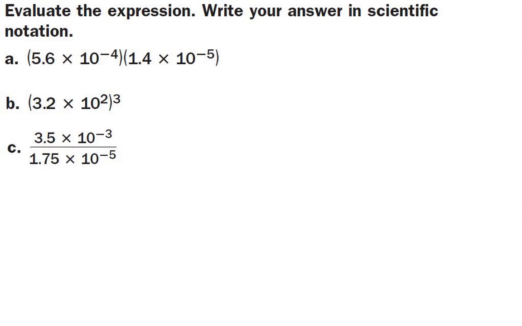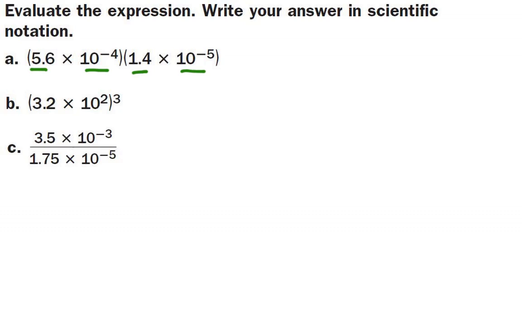Okay, here are some where I'm actually comparing two numbers that are in scientific notation. I can use the commutative property of multiplication because I'm actually multiplying 4 different things times each other.